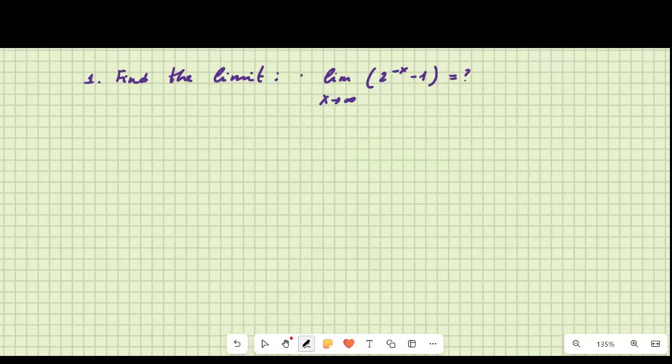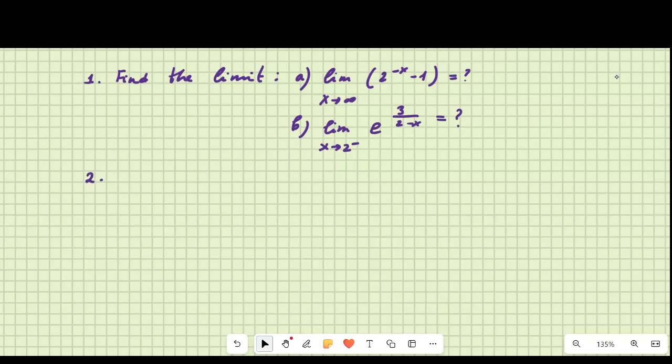And there is going to be one more question about finding the limit, and that's going to be the limit of e to the power of 3 minus 2 minus x as x approaches 2 from the left. So 2 limit questions.